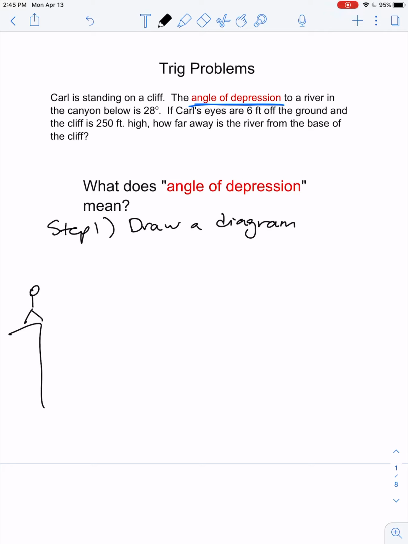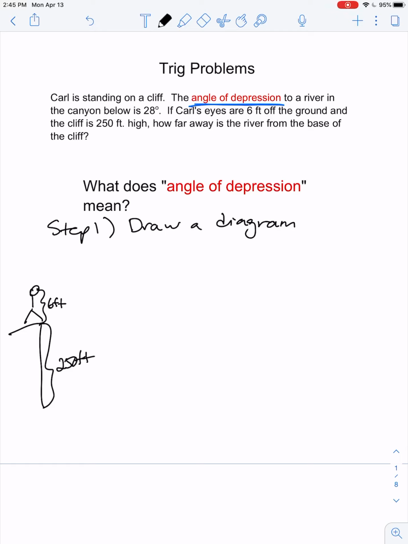Now, it tells us that Carl's eyes are 6 feet off the ground. So here's his eyes right here. This would be 6 feet here. And it tells us that the cliff itself is 250 feet high. And it says that there is this river at an angle of depression of 28 degrees.